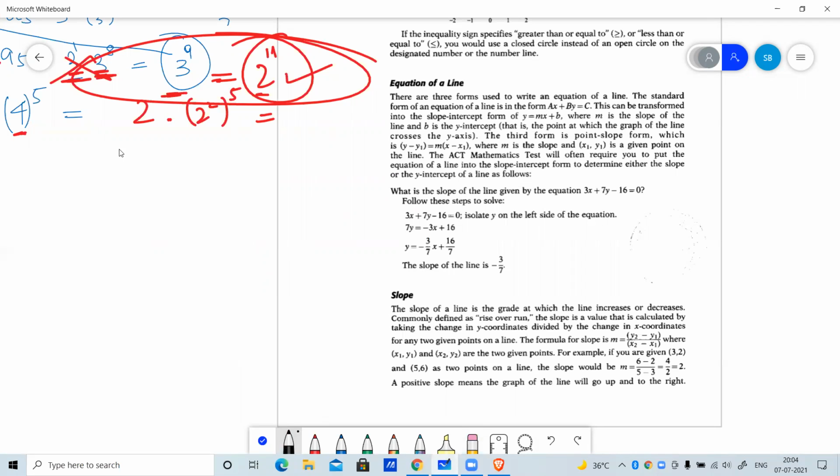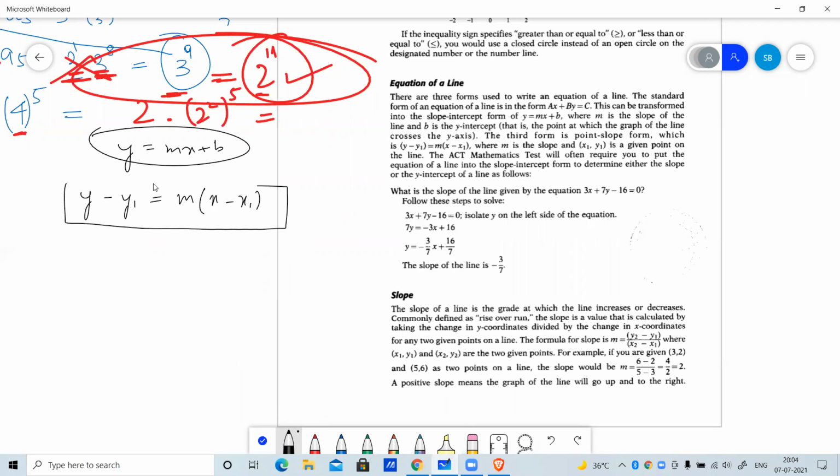Okay, you remember y equals mx plus b, isn't it? Yeah. In the same way, the general form of point slope form will be y minus y1 equals m times x minus x1. This is the general form, where x1 comma y1 is any point through which this line passes. m is the slope.